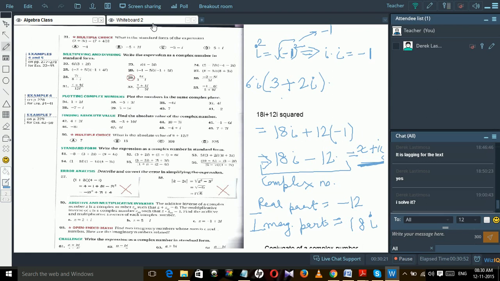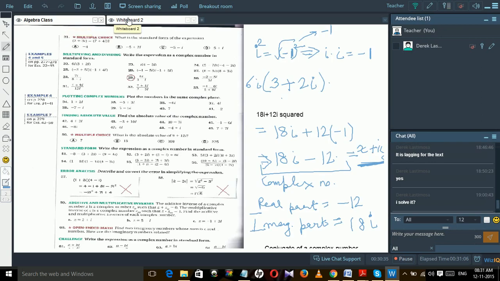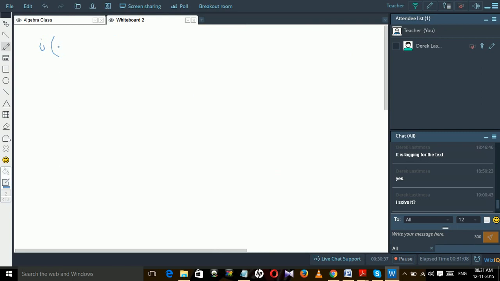We'll go through all problems up to 33. It is iota bracket 4 minus 3 iota, right? It's not a difficult problem, similar to the problem you just solved. So, iota bracket 4 minus 3 iota.